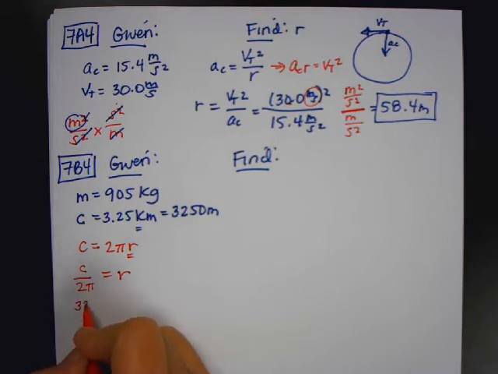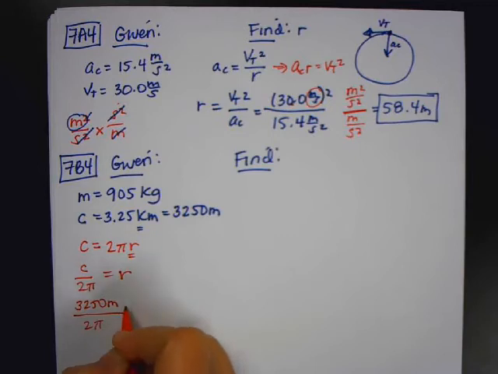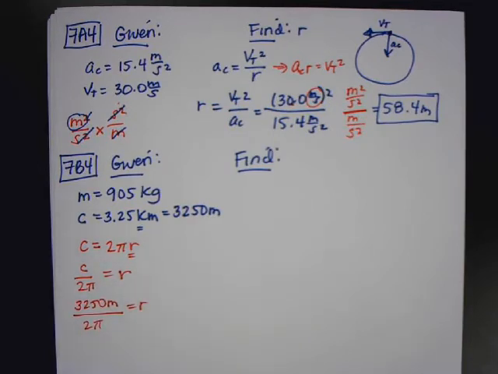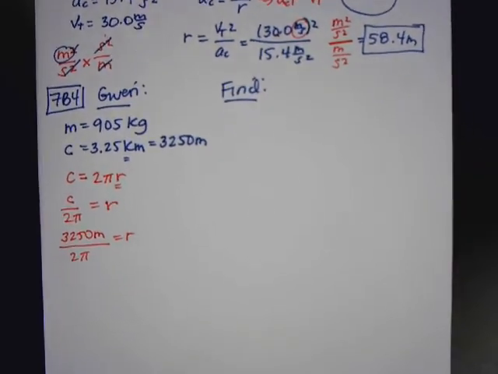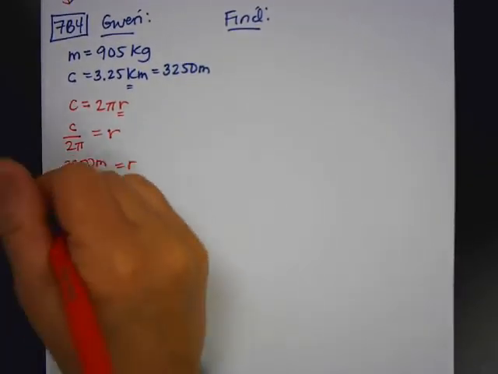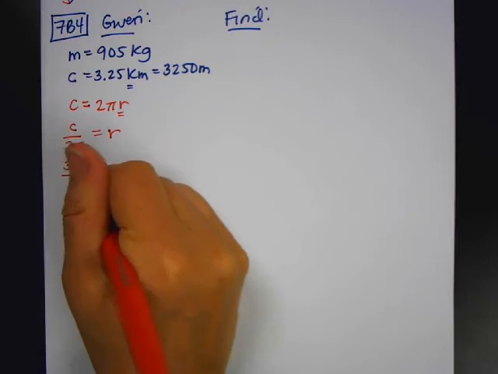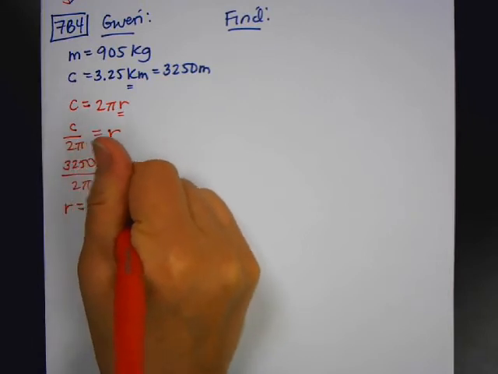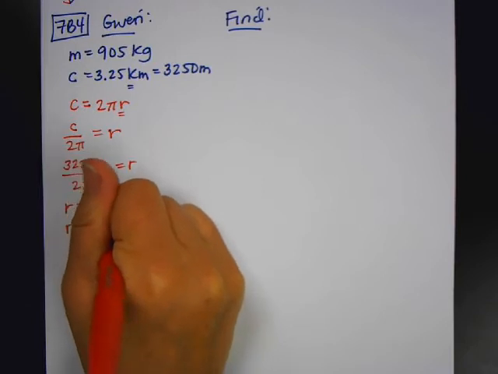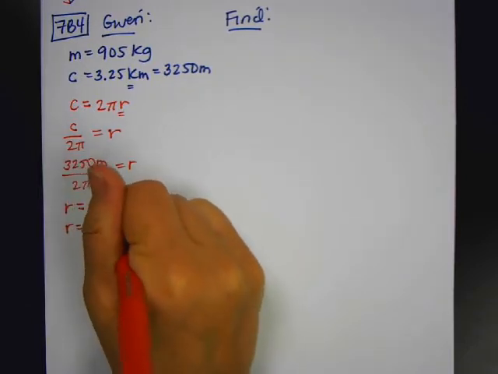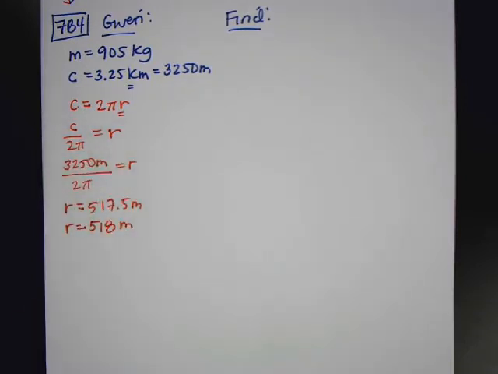And so 3250 meters divided by 2 pi is equal to r, and I'm going to go ahead and calculate that. So when I do that, the radius comes out to be 517.5 meters, which I'll just round to 518 meters with my 3 significant figures.